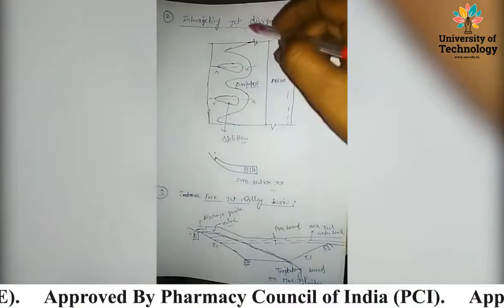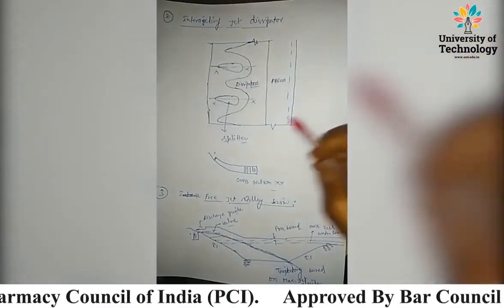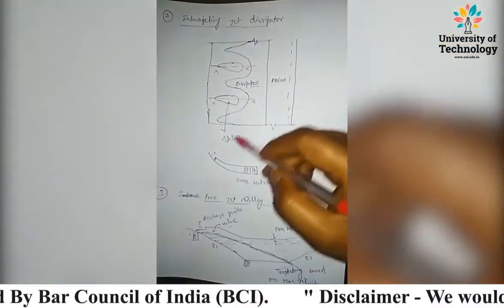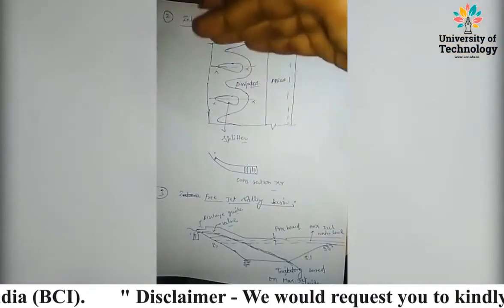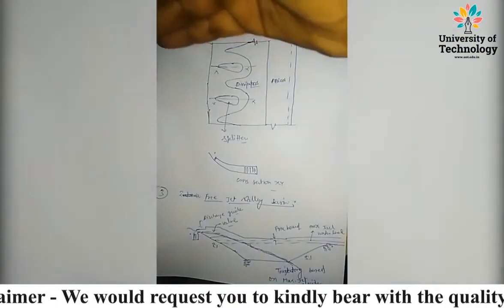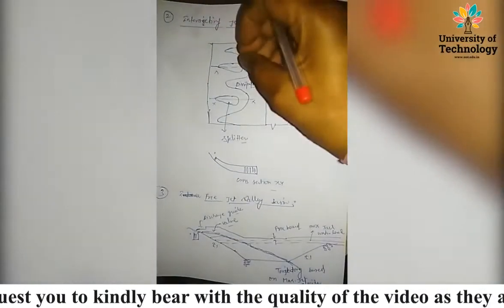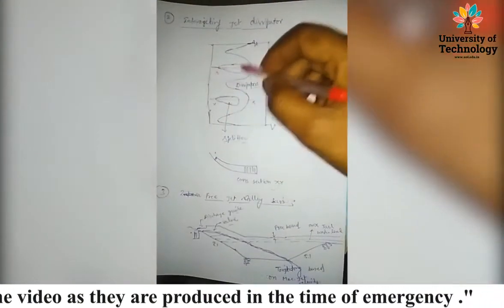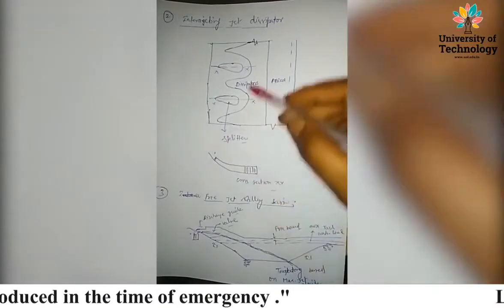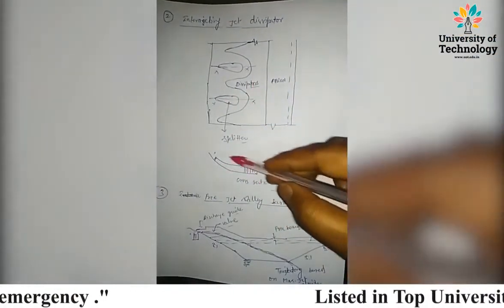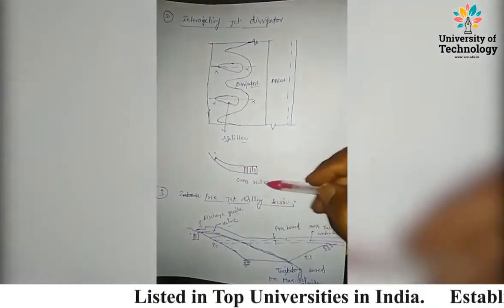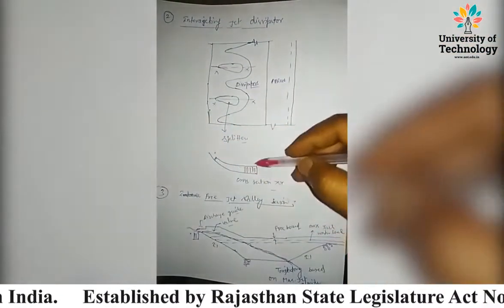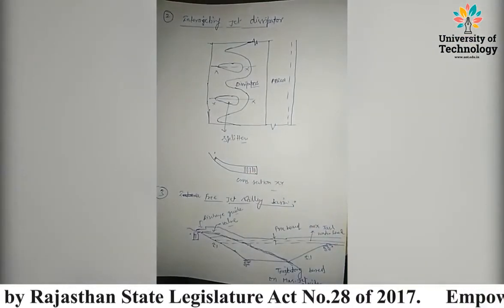This is the plan, the top view of the structure. And these are the splitters, which can split the water into various parts. So energy gets diffused, energy gets dissipated due to these structures. You can see the splitters in the cross section. These can be provided in a sloping form, having some slope here.